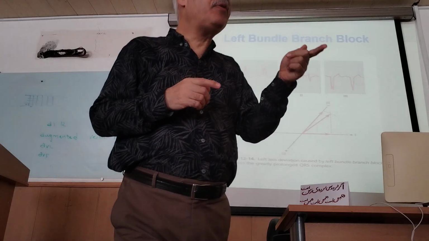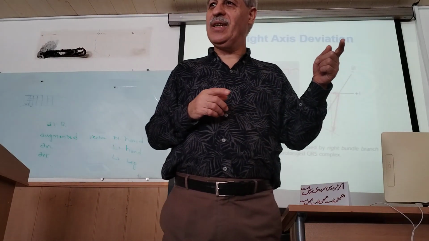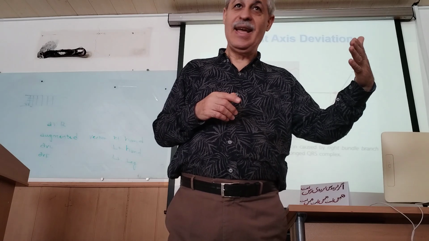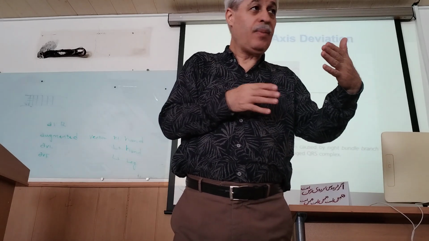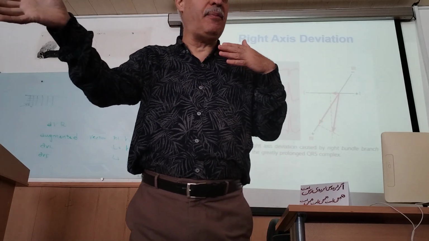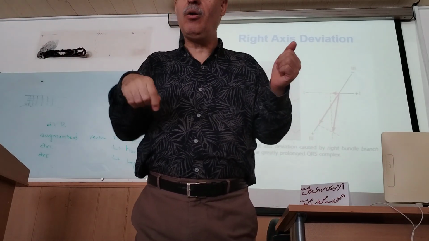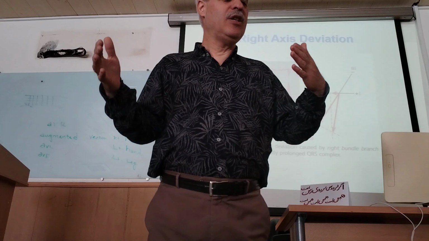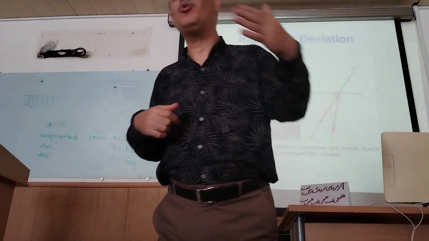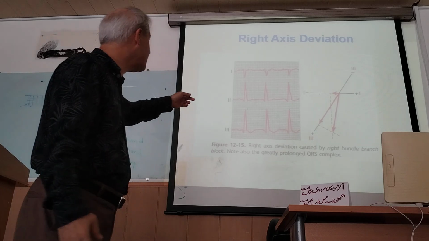Now, the left ventricle depolarizes first, which means it becomes negative on the left side, and the arrow will be switched to the positive part. Which one is positive now? Here is the right. So you will have an axis deviation to the right, as you can see here.